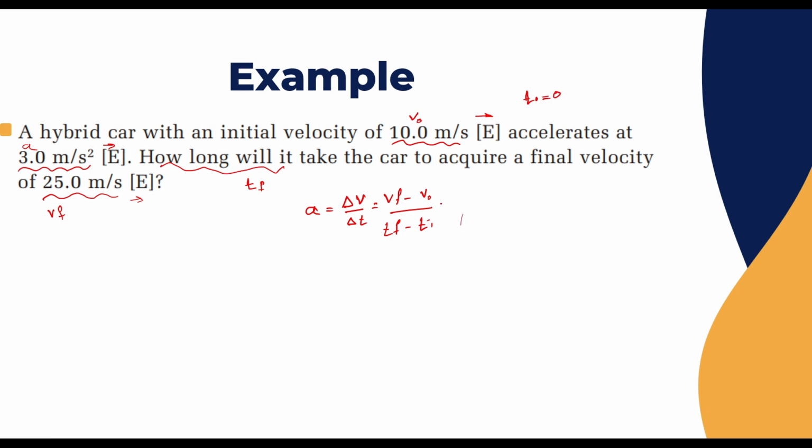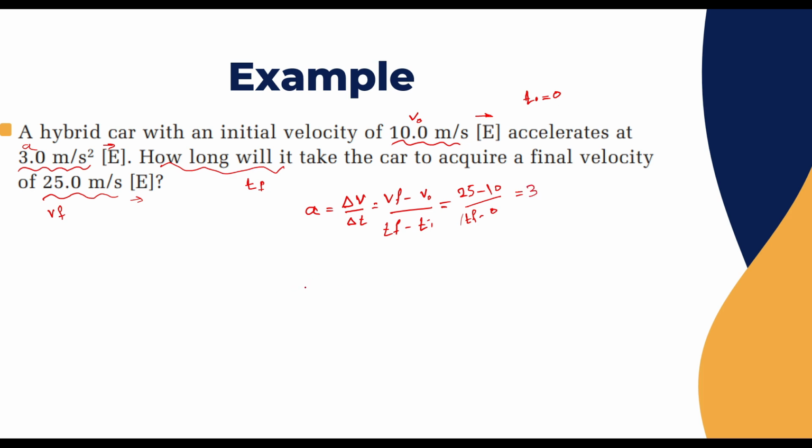So in this case, v final is right here, 25 meters per second, minus v initial, which is 10 meters per second, over t final, which is what we're looking for, minus t initial, which is 0. That would equal the acceleration. How much is the acceleration? 3 meters per second squared.